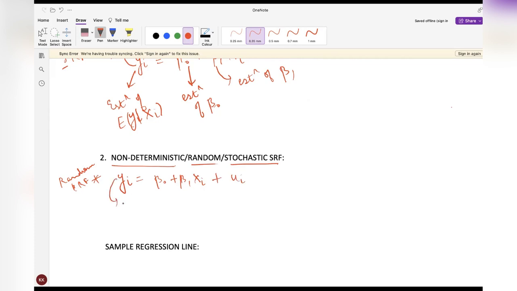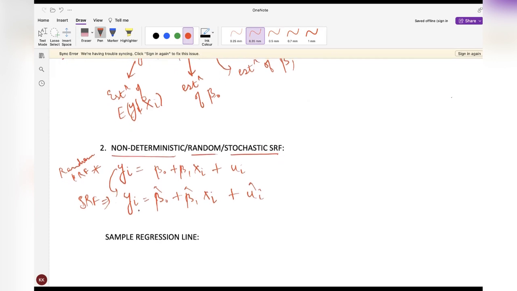So our SRF in this case would be yi is equal to beta naught hat plus beta 1 hat xi plus ui hat, right? Again, beta naught hat, beta 1 hat are our estimators of population parameters, and this ui hat is known as my residual, and this is an estimate of my error term.